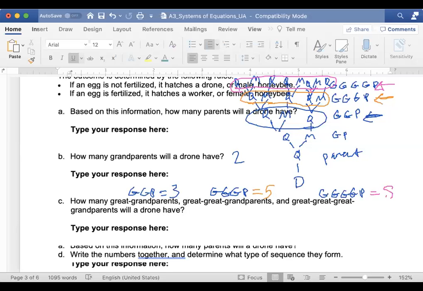So our sequence is 1 for the parent, 2 for the grandparent, 3 for the great grandparent, 5 for the great great grandparent, and 8 for the next one. So are we adding or are we multiplying? To get from 1 to 2, it's +1, 2 to 3 is +1, then it's +2, then it's +3.